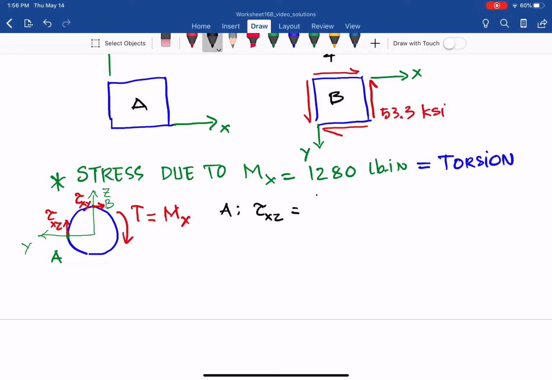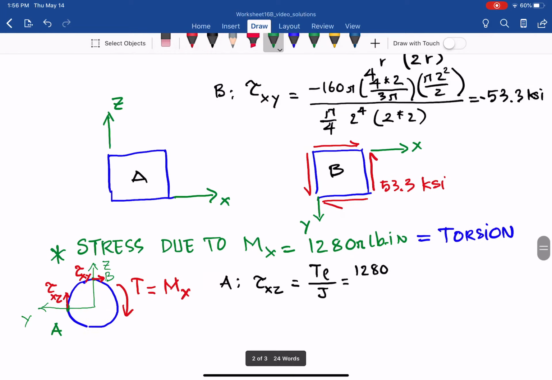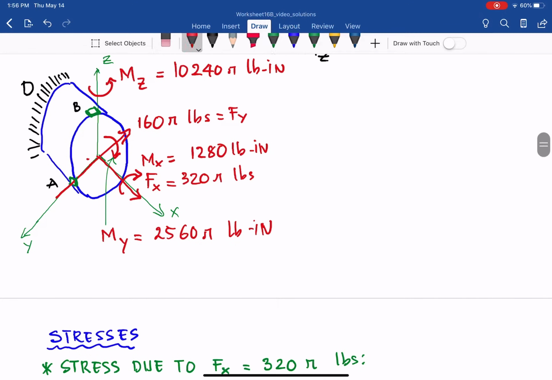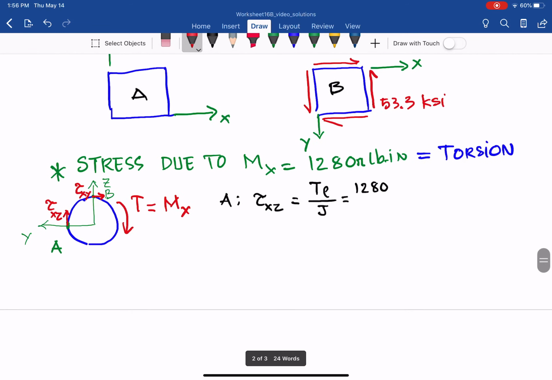So it will be the equation tau = T rho over J, with 1280 pi per inch.